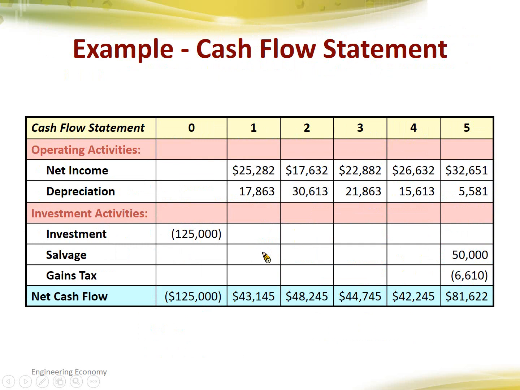This is when we do cash flow statement and income statement, we do it this way. But when we are doing engineering economic analysis, we are trying to compute the net present value or present worth.